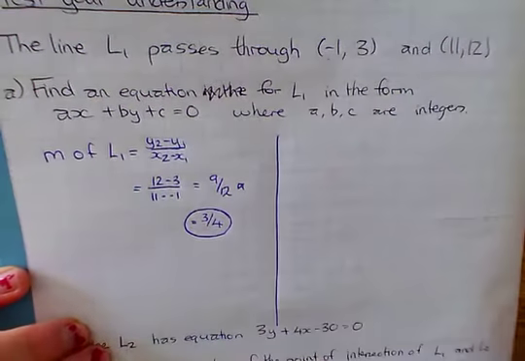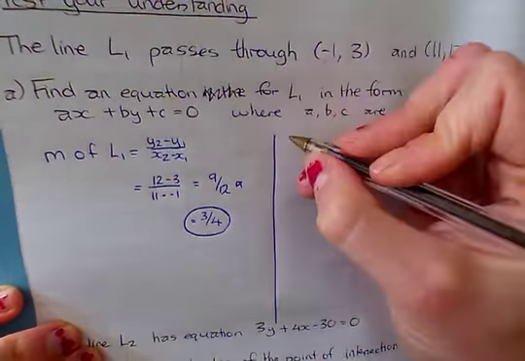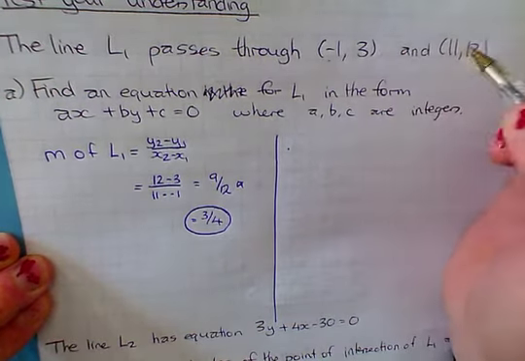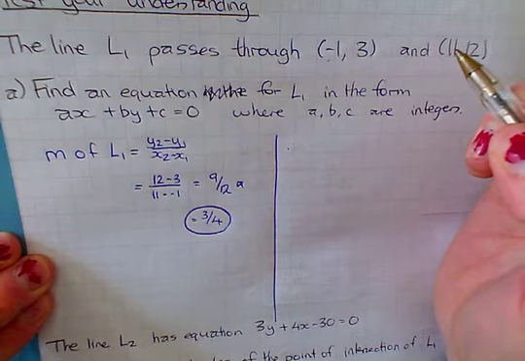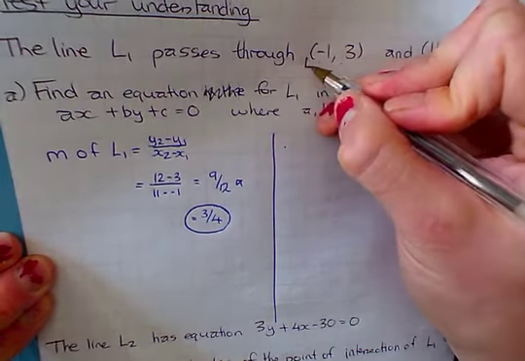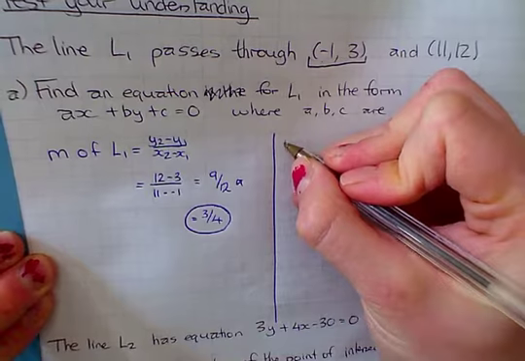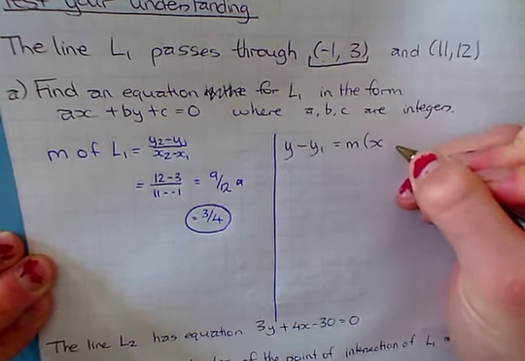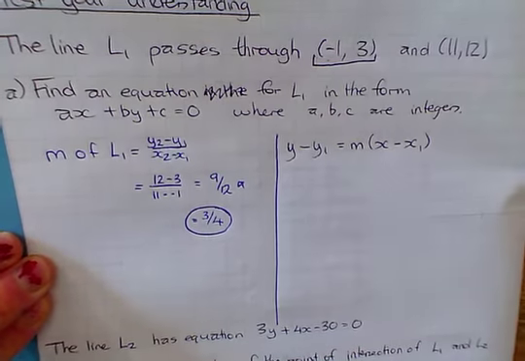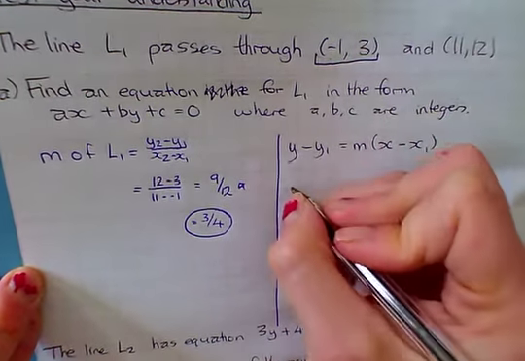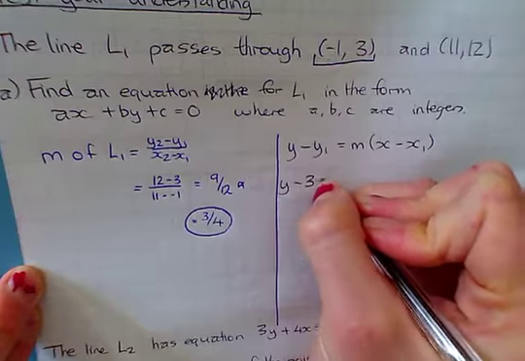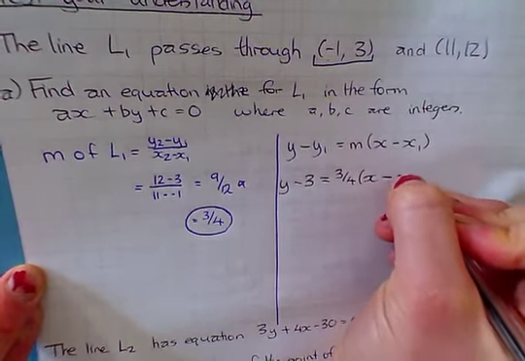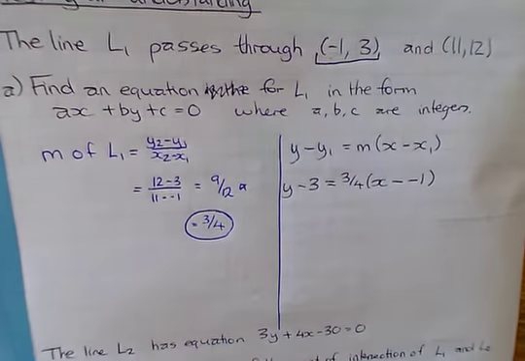Now again, using what we looked at the end of last term to find the equation, I'm going to substitute in, you can choose either coordinate, but I am going to choose in this case to substitute -1, 3 into y minus y1 is equal to m lots of x minus x1. So here I've got y minus 3 is equal to 3 over 4 x minus -1.